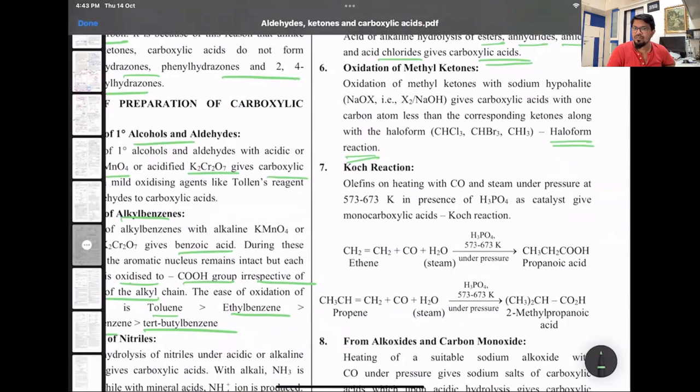This was there in the 11th, but alkenes react with CO plus steam, carbon monoxide with steam, in presence of phosphoric acid, it gives you propanoic acid. So one carbon atom gets added. Look at that. If I take propene plus CO, then (CH3)2CH and you get 2-methyl propanoic acid. So that's an extra part, Koch reaction.